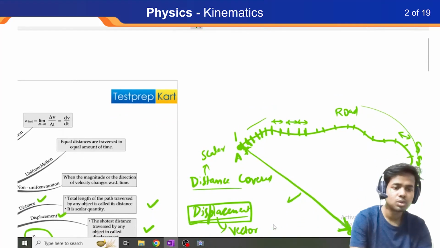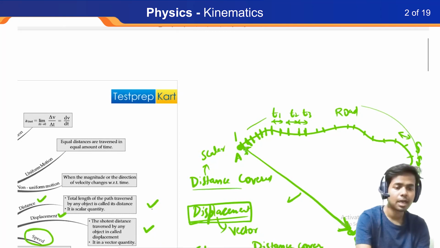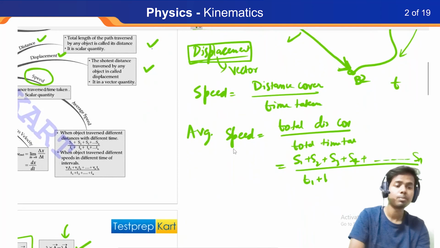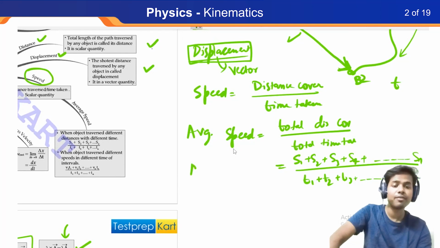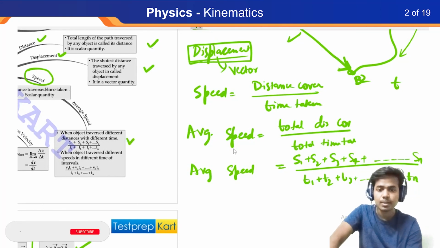And also the time taken for this small journey, and this one. If I add them up, I'll get the total time that the body has used, t1 plus t2 up to tn. So this is the average speed, which is, I think, the same as this equation.